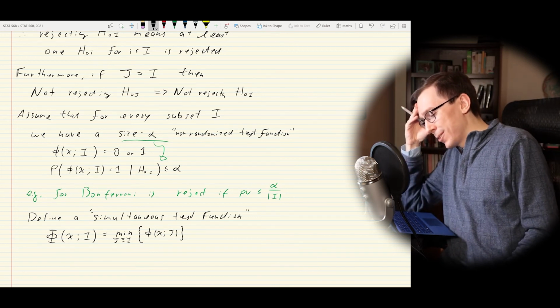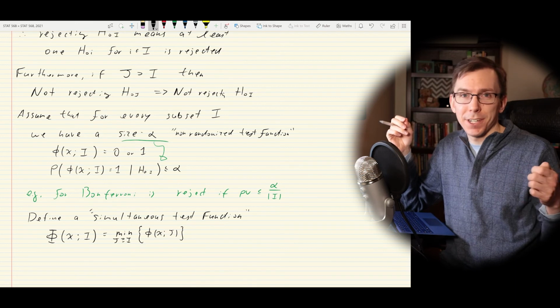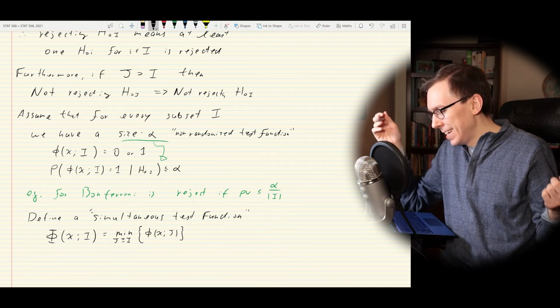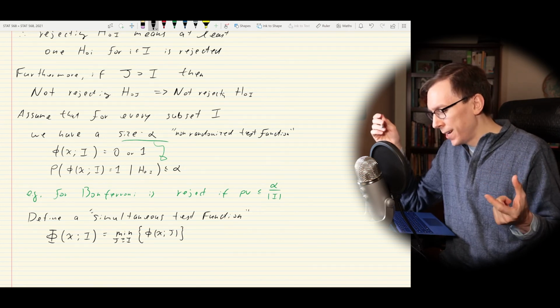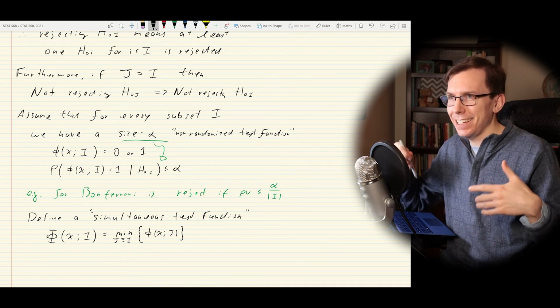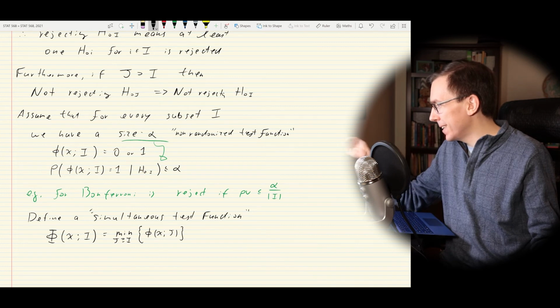Okay, so what in the world does that mean? Well, remember, the simultaneous test function is still just going to be a 0 or a 1. And what it's saying is take the smallest value of 0 or 1 over all possible sets j that contain I. So what does that mean?